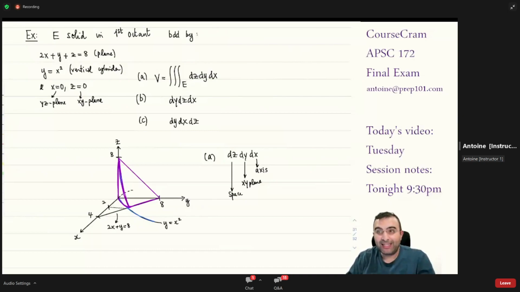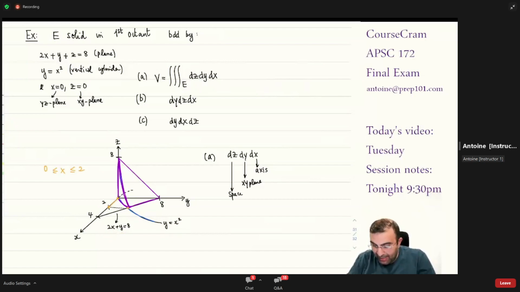So on the x-axis, my x's go from 0 to 2. That's for the whole volume. Again, how do I get the 2? It's the intersection of 2x plus y equals 8 with y equals x squared, to find out what this point gives me on the x-axis.